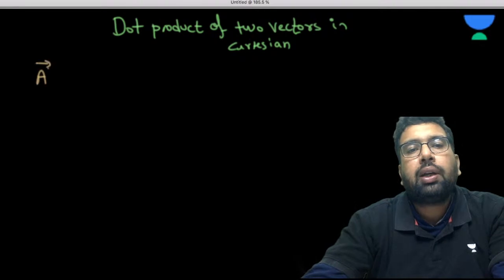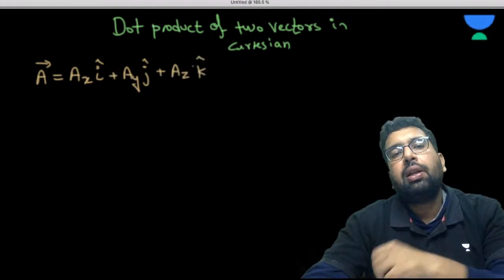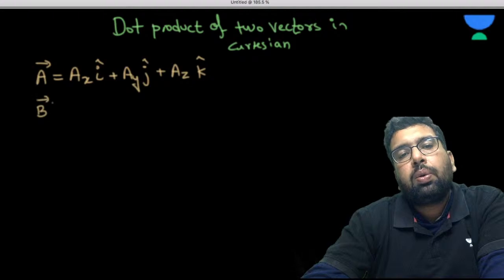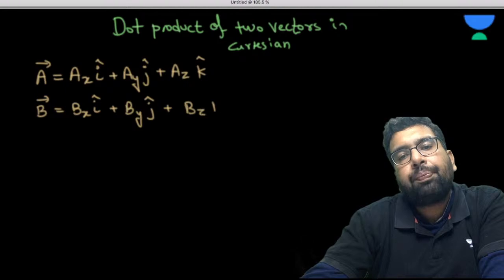Let's suppose A vector is equal to ax I cap plus ay J cap plus az K cap, and similarly, B vector is going to become bx I cap plus by J cap plus bz K cap, right?